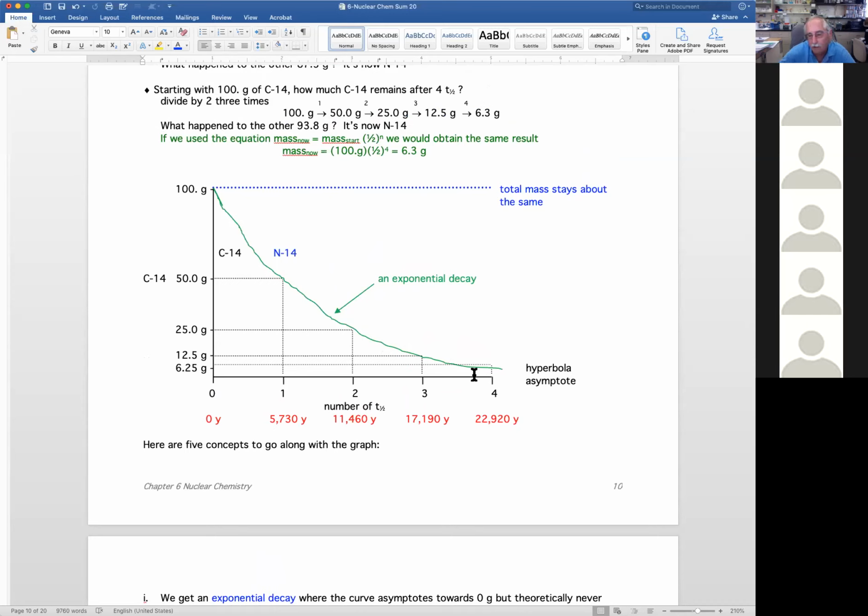A hyperbola asymptotes. It gets closer and closer and closer to the 0 over here, but never reaches it. So that's mathematics. You'll never reach 0. But in reality, at one point, you're going to have one carbon-14 atom left. And when that decays, you're going to be at 0.